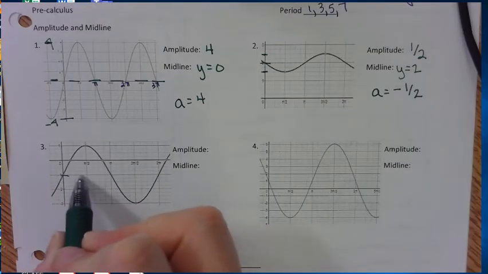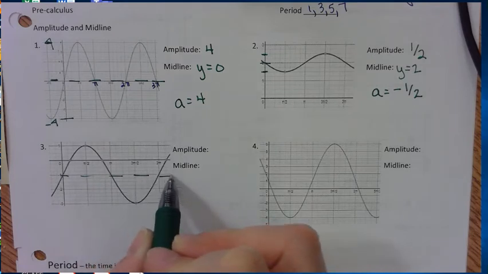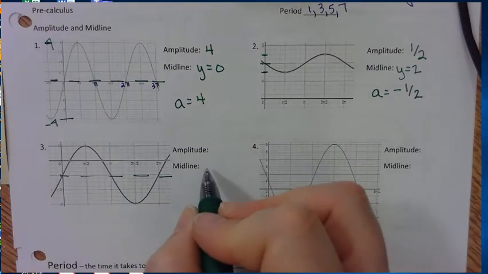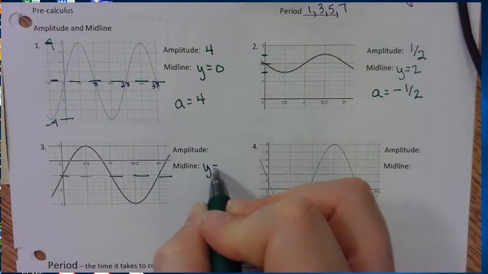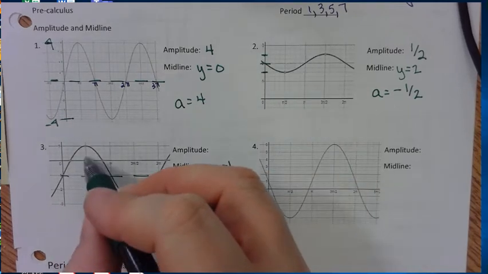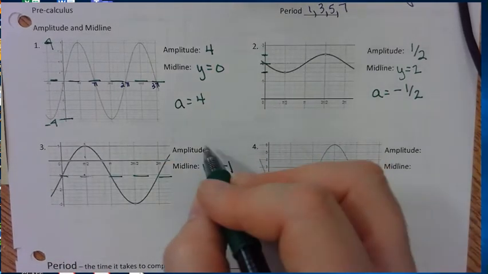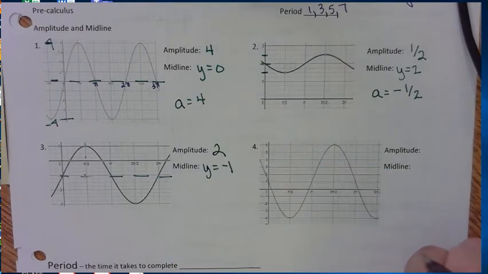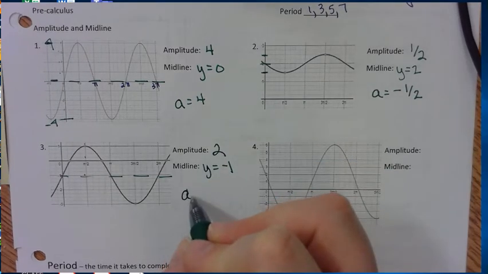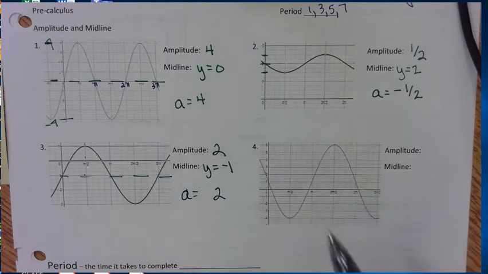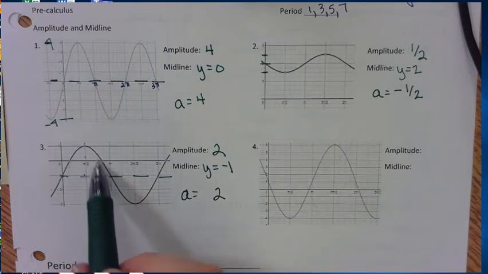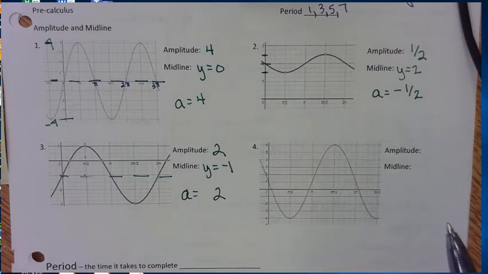If you see where it starts, the midline is at -1, and it climbs 2 before it tops out. So the amplitude is 2. So A is either equal to positive or -2. Since it starts going up, it is a +2.